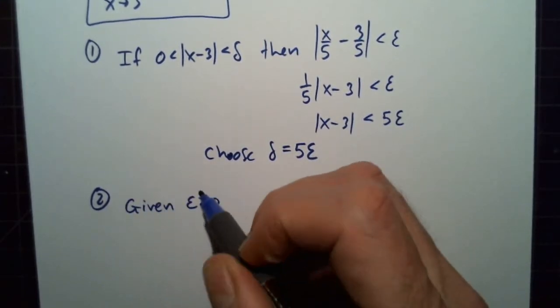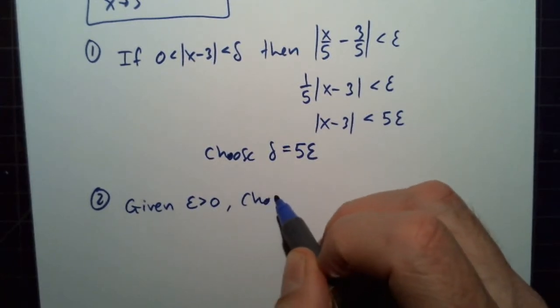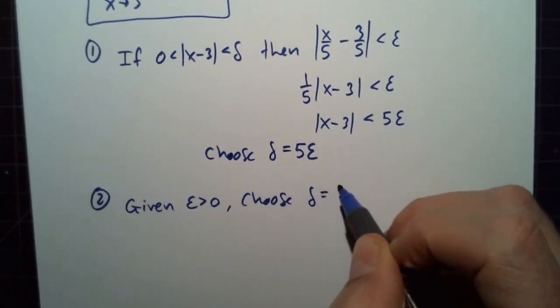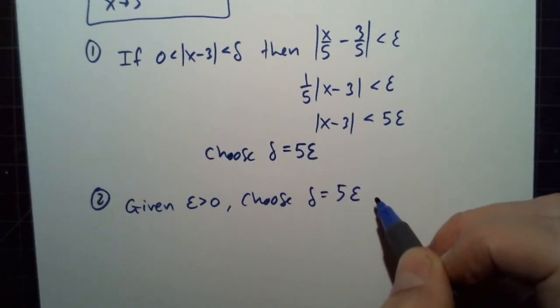given epsilon greater than 0, choose delta equal to 5 epsilon.